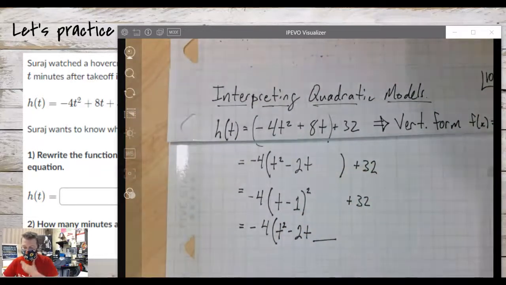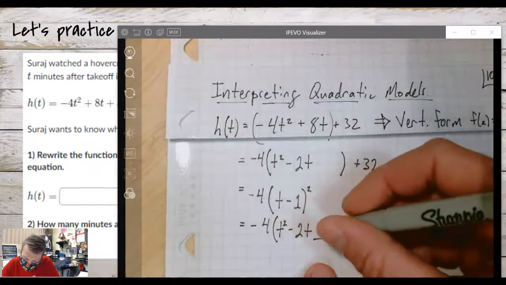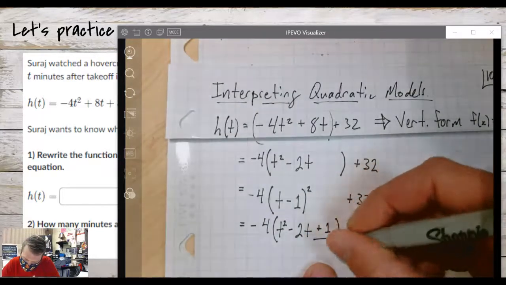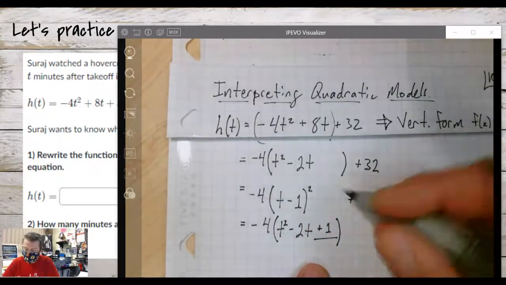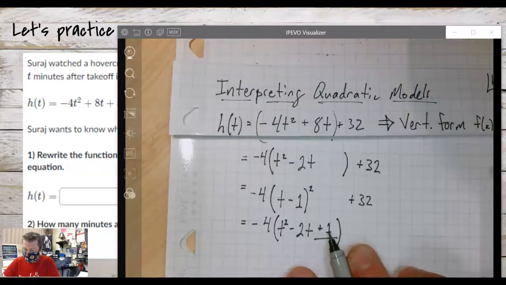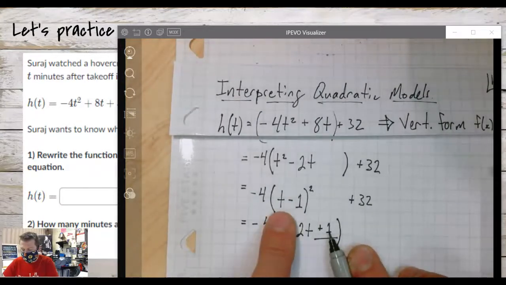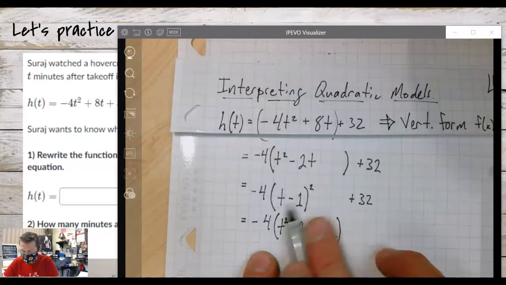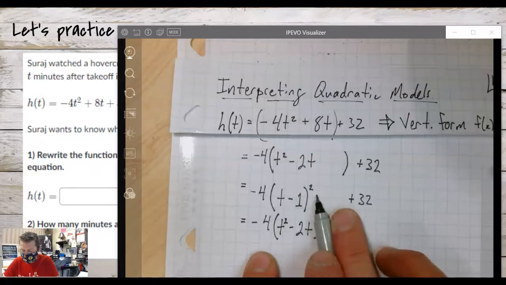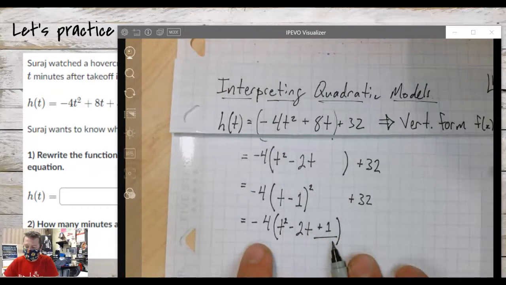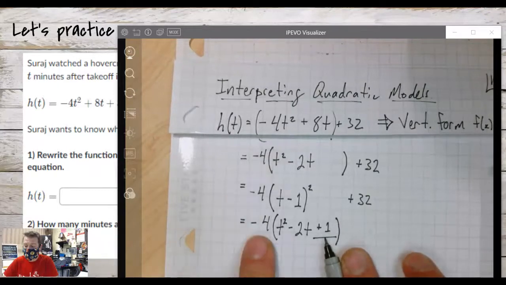What would the constant be? 1, right? Positive 1. There's a reason I'm showing it to you this way. So this trinomial is this, right? But to get this, we had to add how much to our problem? 1 times negative 4.